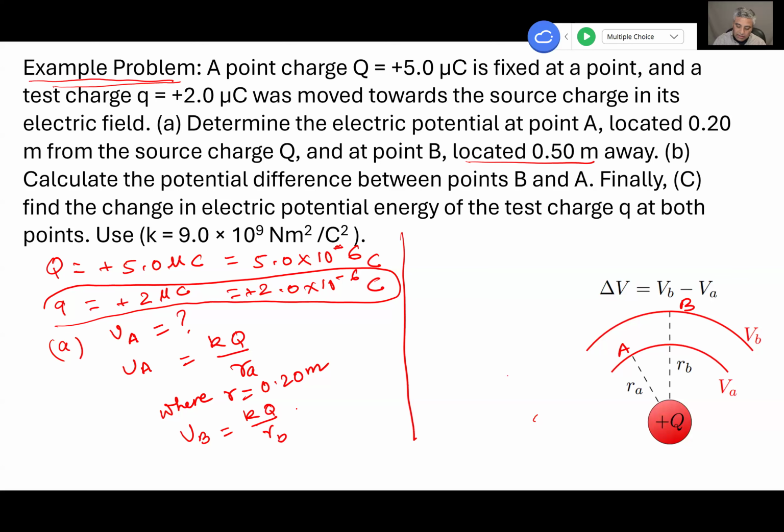Okay. So B, here the notation should be V. Okay, I wrote U, looks like U. So I'm kind of being mindful. U means energy, V means potential. Okay, sorry about that.